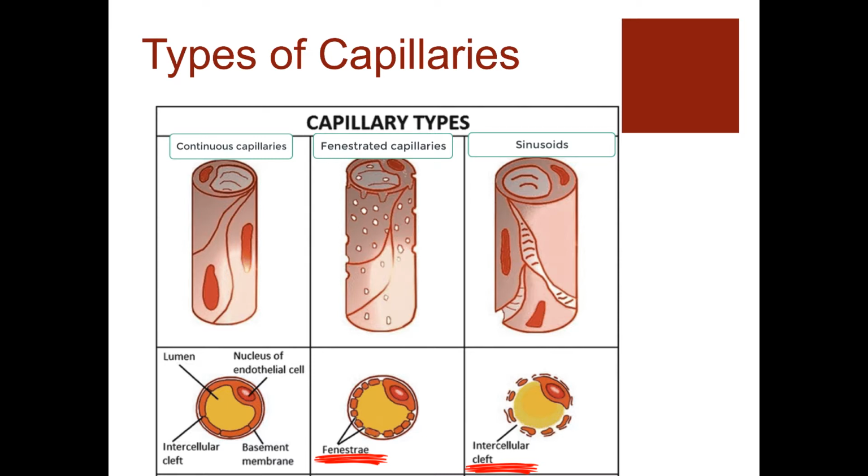These can be found in organs like the bone marrow, the spleen, and the liver, and these are necessary in these types of organs to allow the removal and breakdown of red blood cells, particularly in the spleen and liver, and also the production of new red blood cells in the bone marrow.